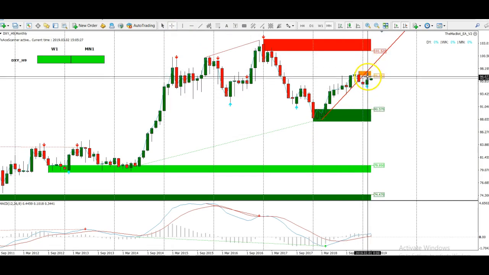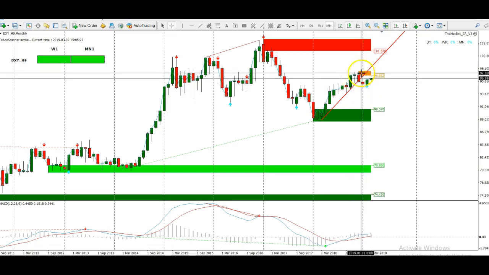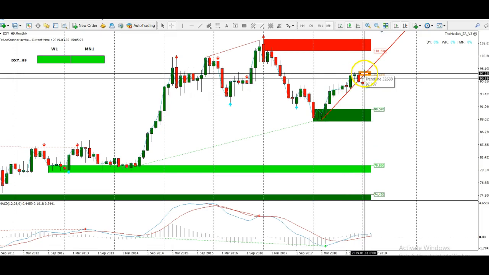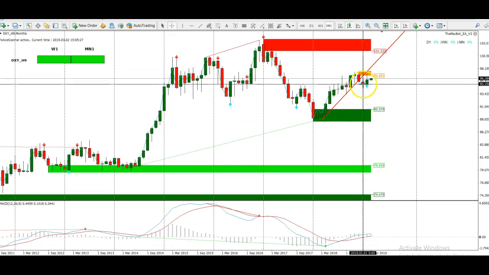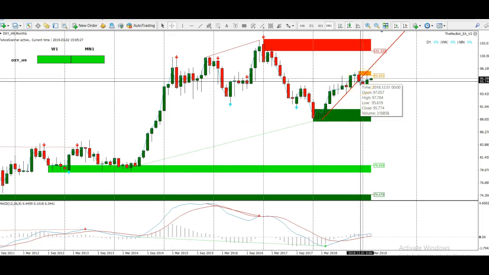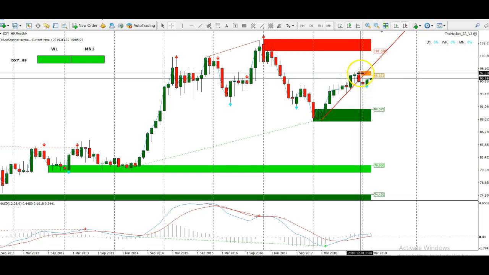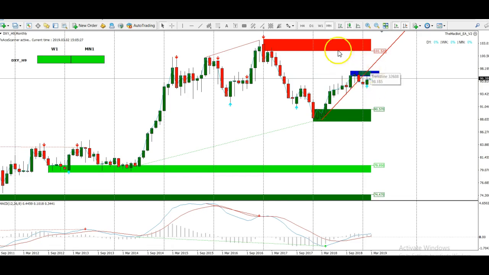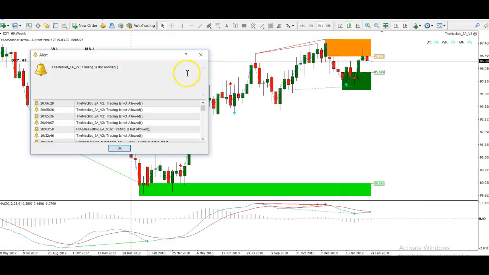It actually tested it here and popped back down, but this is technically classed as a monthly zone, basically because we had this leg up and price broke down through the trend line and has come back up to test it. So this is a block at the minute on the monthly. I'm just going to highlight this area on the monthly. This caused price to come back up to test it, and we'll see if there are any weekly areas there over the next month.